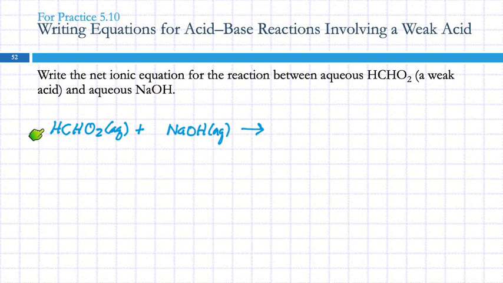So it's very helpful under the formula for the reactants to write the ions that form. Now, you've probably never seen this acid before. It's okay, you don't need to know what it is. The H in the front is that ionizable proton, right? So the H in the front is one ion, and everything else in that is the other ion.